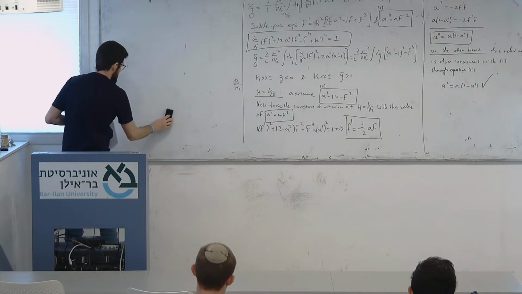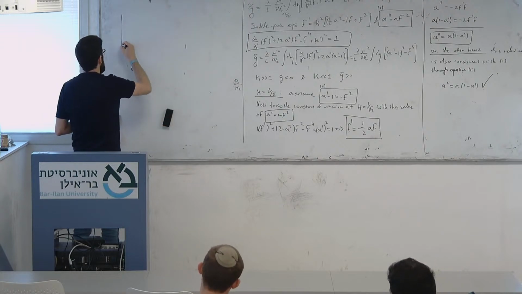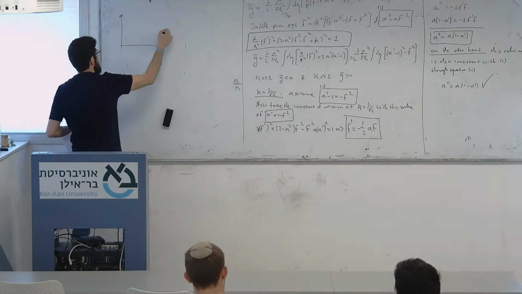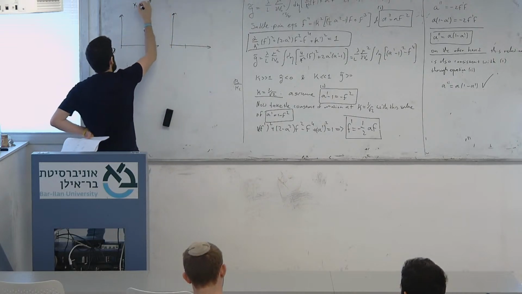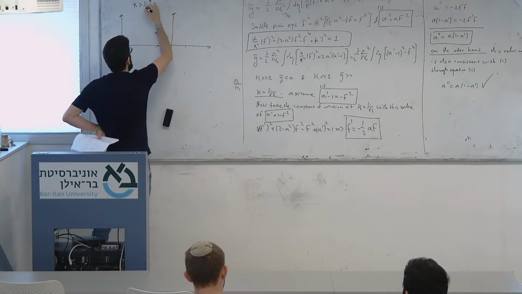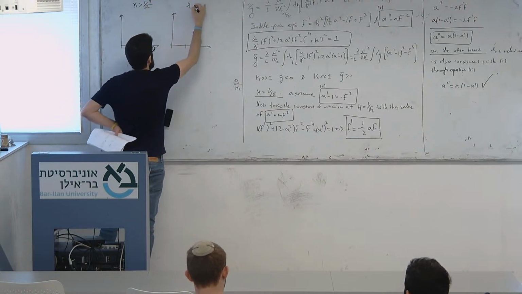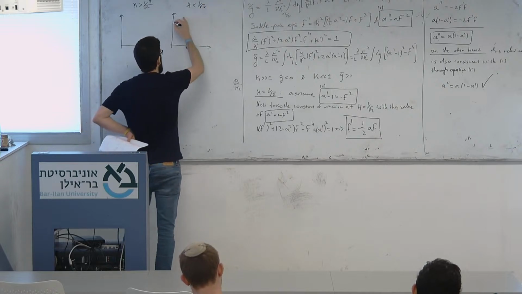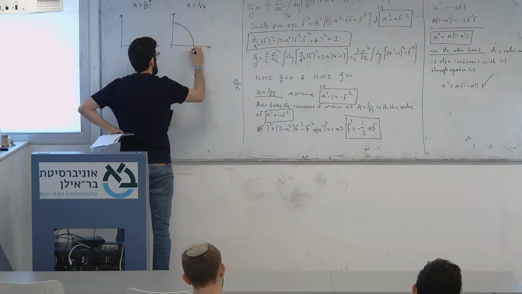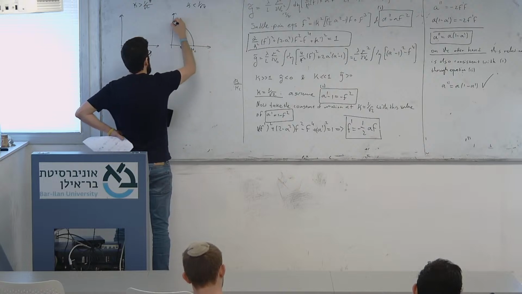The consequence is that we have two distinct phase diagrams. If kappa is greater than 1 over square root of 2, or kappa is smaller than 1 over square root of 2, then we have different phase diagrams.